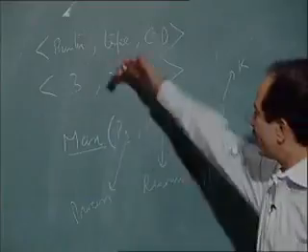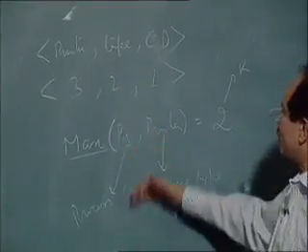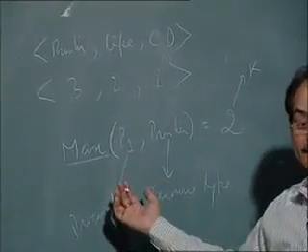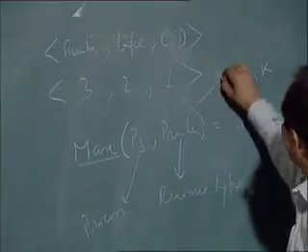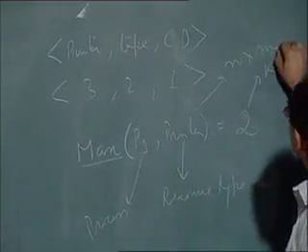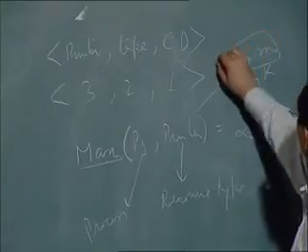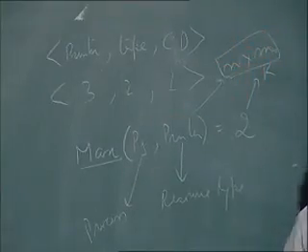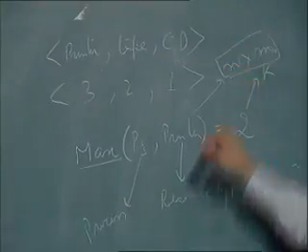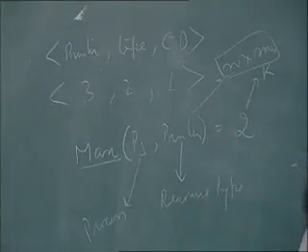So, for each of the processes we make this sort of matrix. This is n by m, because n is the number of processes and m is the number of resource types which can be there.